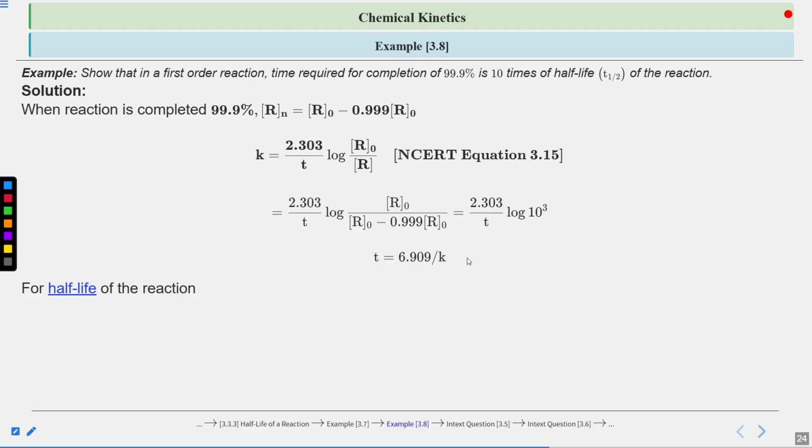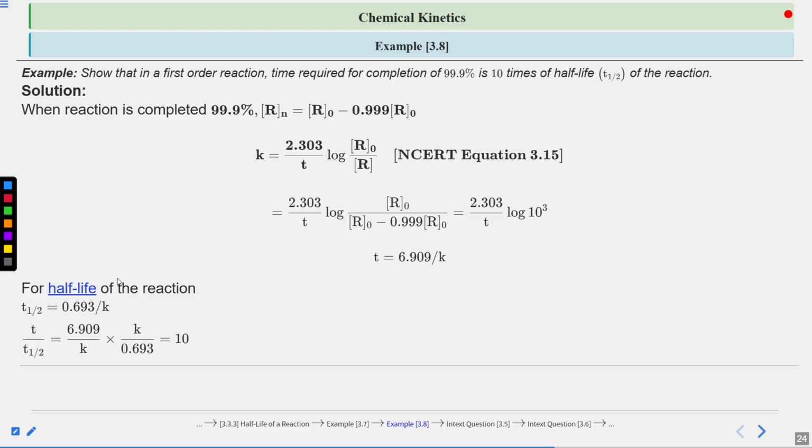So we have calculated the time in which the reaction is 99.9% completed. Now the half-life for a first order reaction is T half equals 0.693 by K. Right, now according to the question, T by T half is equal to 6.909 divided by K multiplied by K by 0.693, which is equal to 10. That means T is equal to 10 times T half.